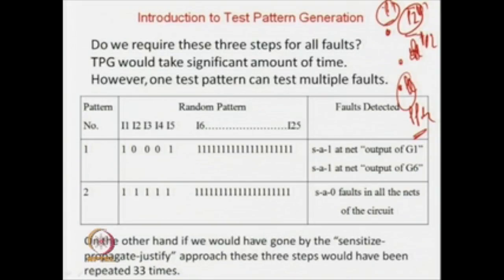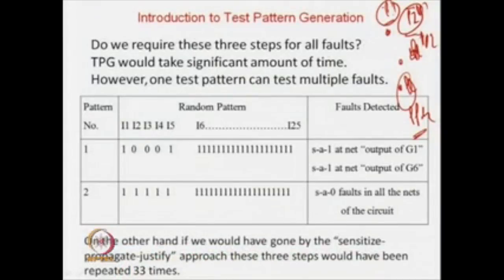The same pattern is generated by this automatic test pattern generation, that is, sensitize, propagate and justify. So, you are at a loss, because the same pattern is detecting more faults, that is, the first pattern is detecting fault number 1 as well as fault number L.